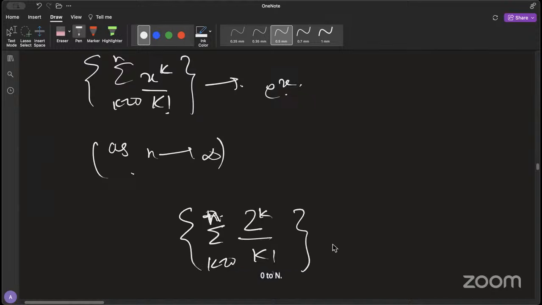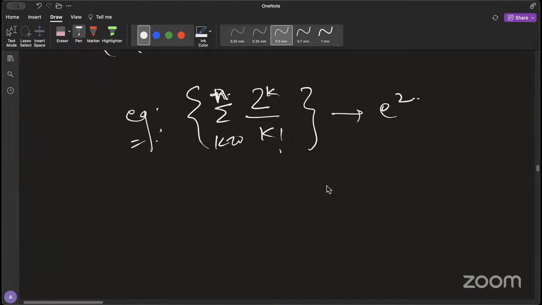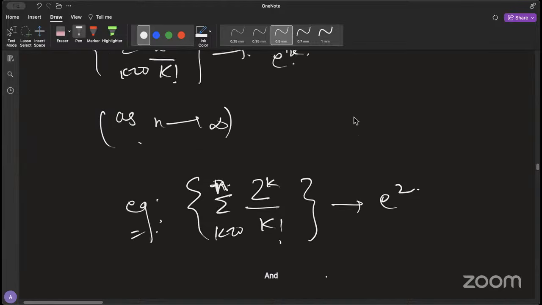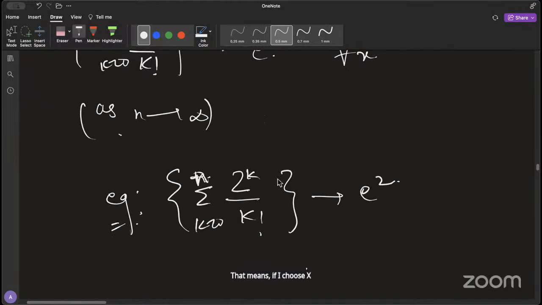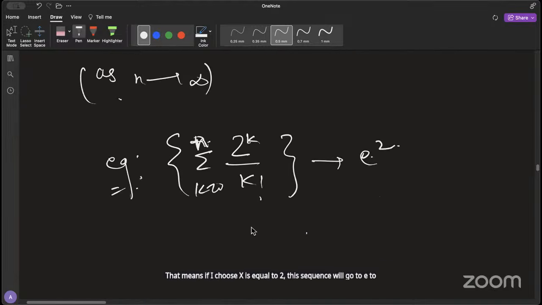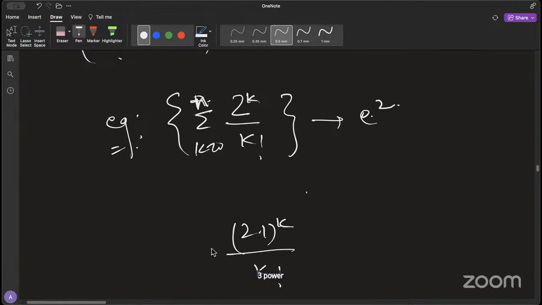This sequence will go to e to the power 2. And this is true for all x. If I choose 2.1 to the power k by k factorial, k varying from 0 to n, this sequence will go to e to the power 2.1.